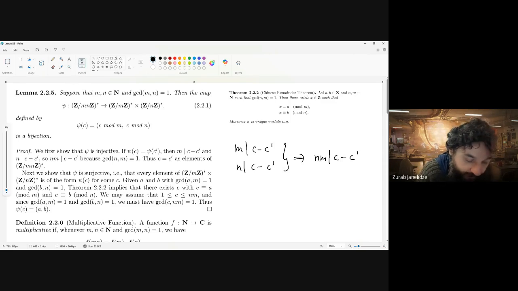So we've now progressed far. We've managed to convince ourselves that if psi of c equals psi of c prime, then it must be so that m divides the difference between c and c prime. Also, n divides the difference. And then because the GCD of n and m is 1, we can conclude, as we just explained, that n times m divides c minus c prime as well. Great.